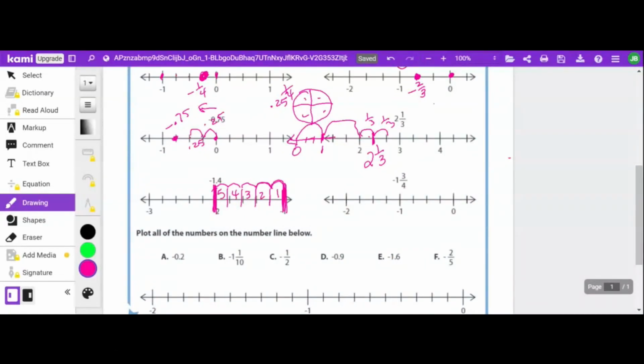There are 5, not 6. 5 chunks to go from -1 to -2. 1, 2, 3, 4, 5. So we've got to take 5 chunks and write a decimal for each chunk.